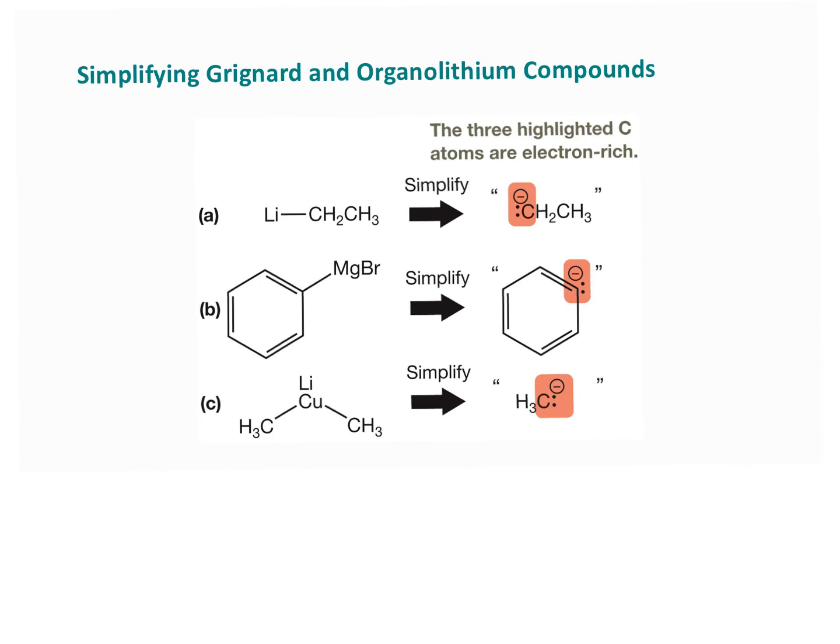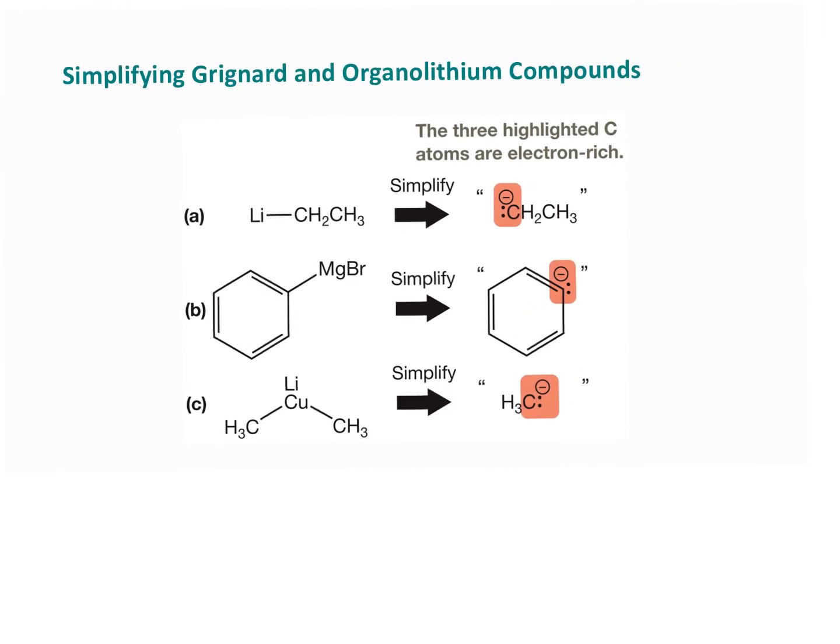This is an alkyl lithium compound, and you can see we've simplified it. We've dropped the lithium, kind of like a spectator ion, and have just added the 2 electrons here to the carbanion, and we know that this is electron rich. This is a Grignard reagent, and so we're going to drop this metal part and just add these electrons here to show that this is electron rich.